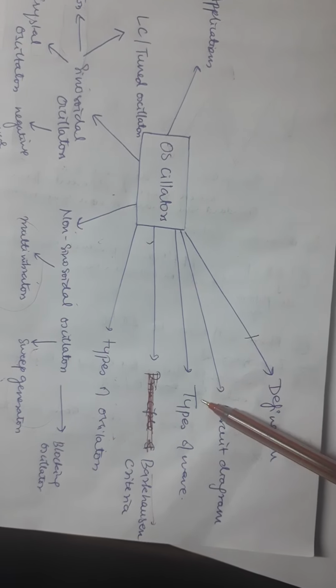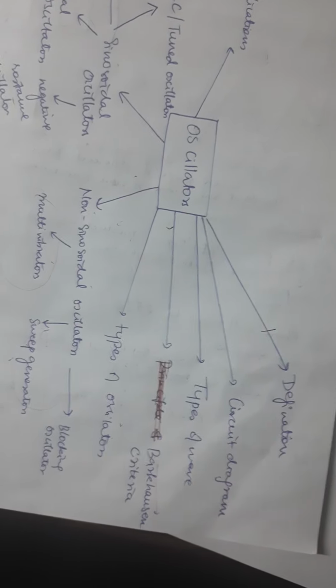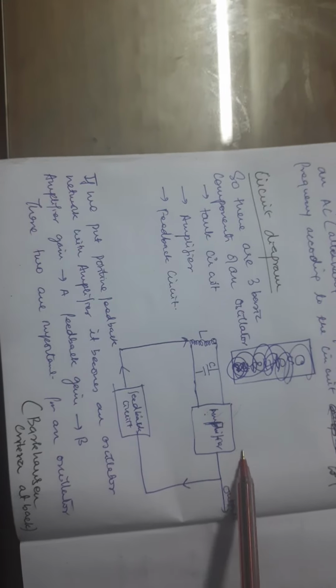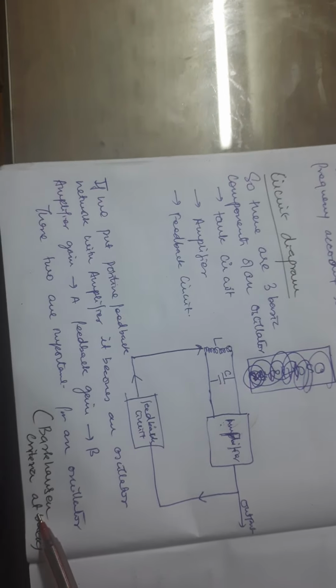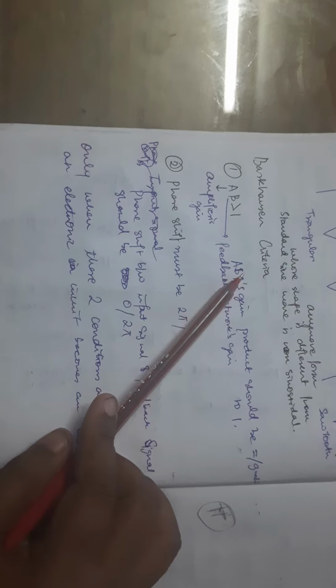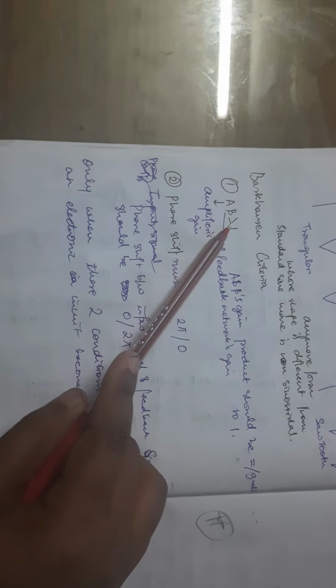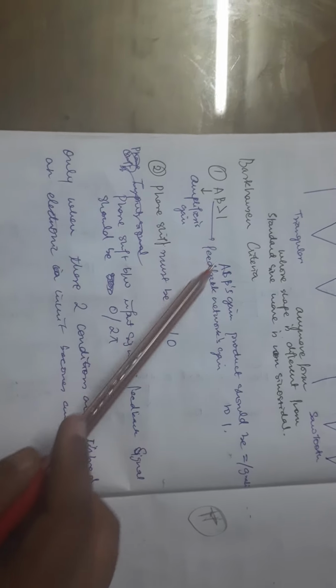Before we discuss the types of wave, we are going to talk about Barkhausen criteria. As we have just finished with the circuit diagram, we'll work on Barkhausen criteria. According to Barkhausen criteria, A beta should be more than or equal to 1.